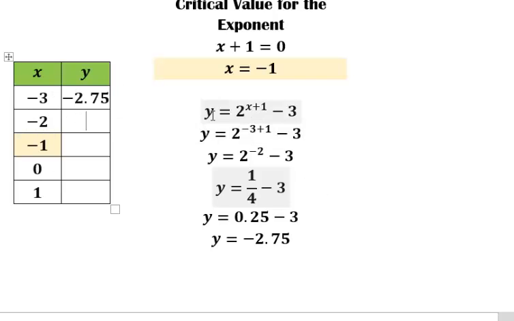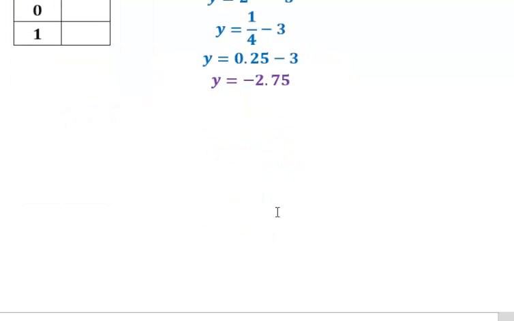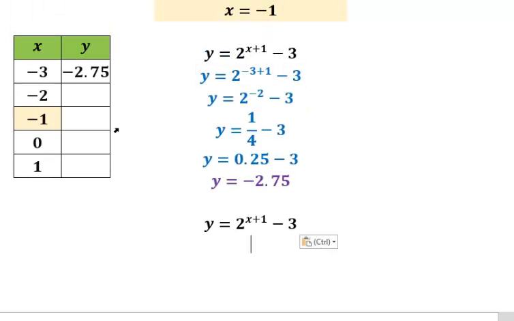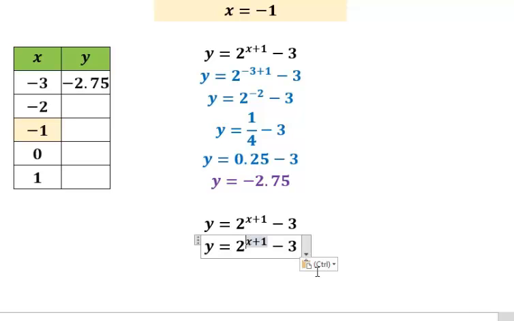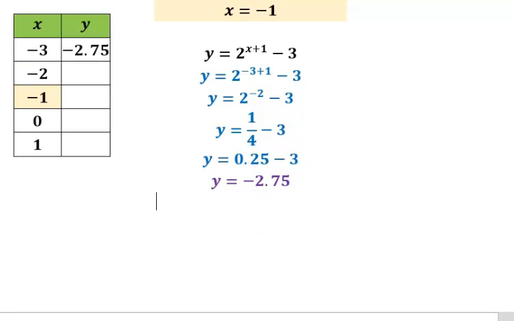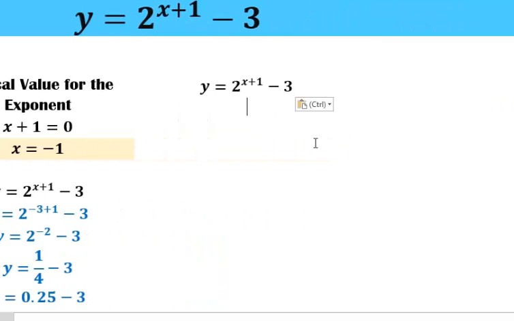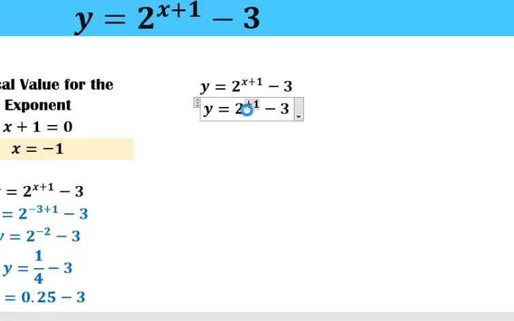Then I'm going to continue with the next number. We already did the first part of the process. Now we copy the formula again and use it to find the next answers. Instead of x, we're going to put minus 2.